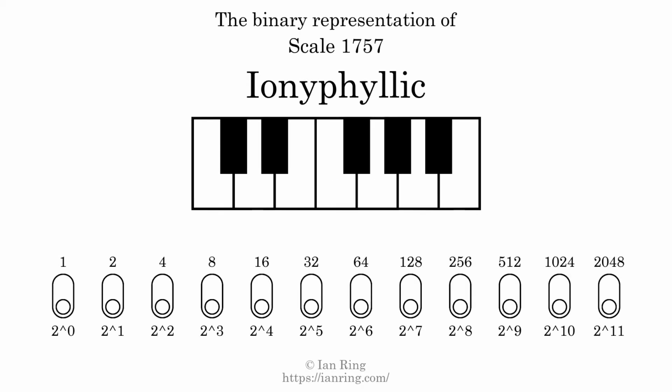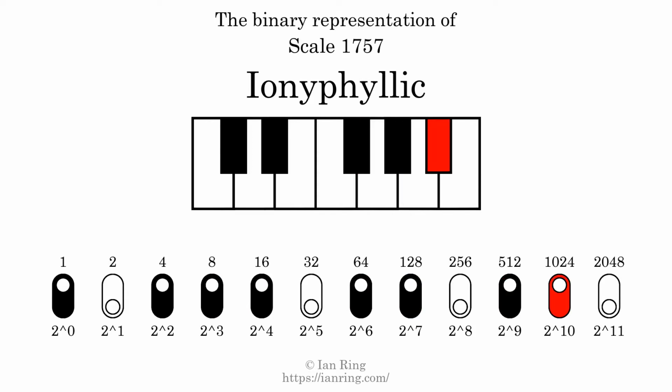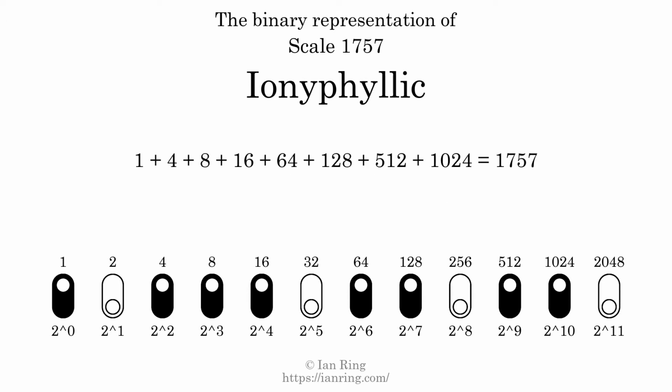The binary representation of this scale is determined by mapping tones of the scale to binary digits. Each binary digit represents a power of 2. To get the scale number, we add the powers of 2 together. The powers of 2 that are present in the scale, all added together, equals 1757.